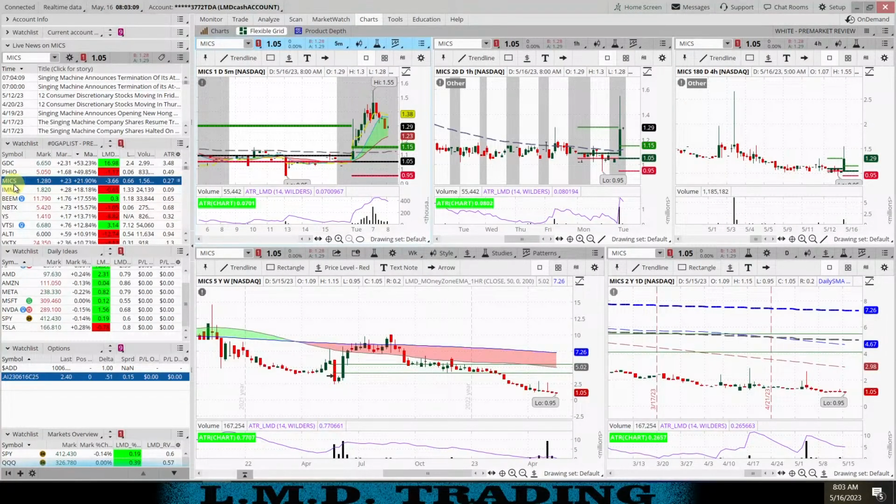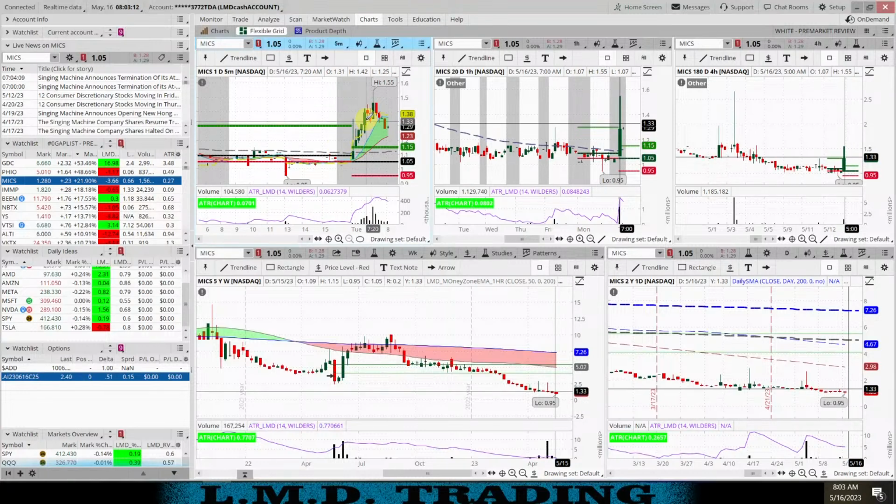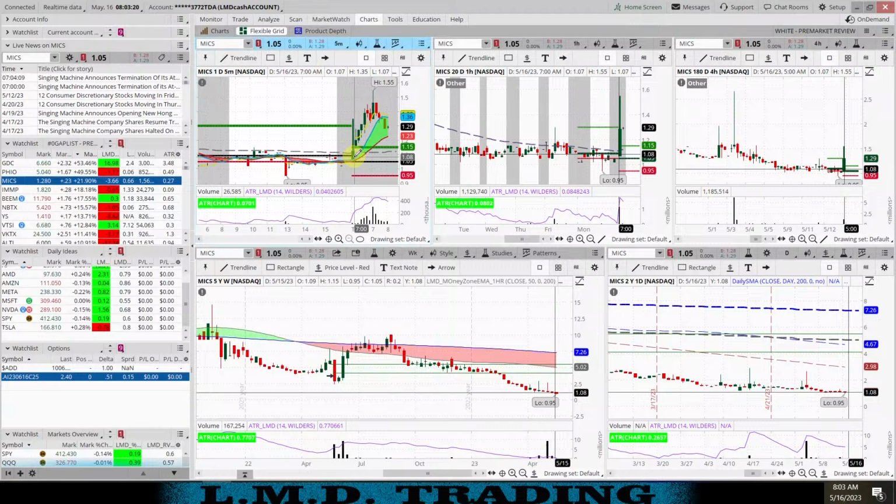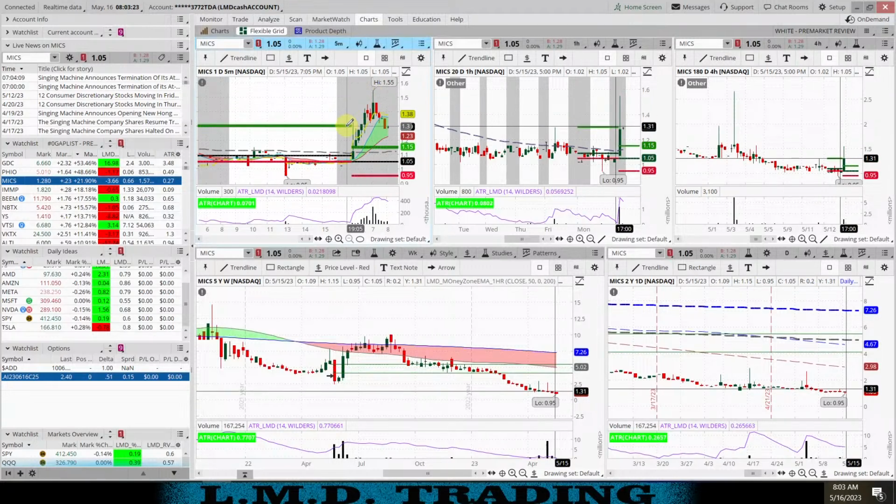Mike, another good move pre-market. It's kind of pulling back. Just about right here is halfway. If you go from this up to about there, halfway is about right where it's kind of basing out.